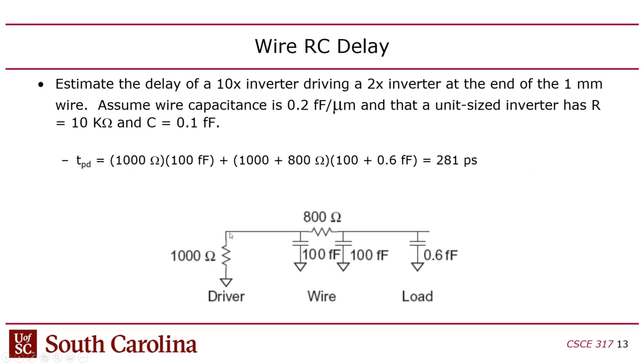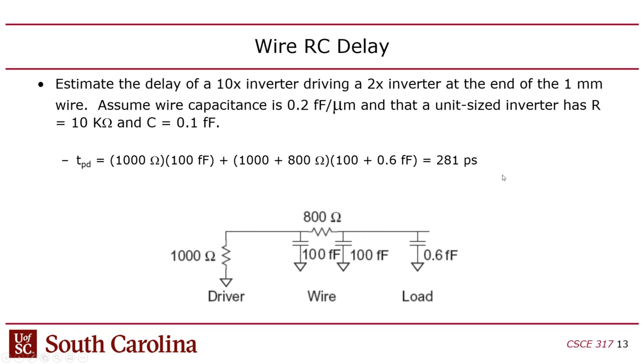And so the propagation delay in this case, now this would be the falling propagation delay because the driver is pulling down to ground. So that would be 1,000 ohms times 100 femtofarads, which would be the first segment of the Elmore delay. And then you have to add to that 1,000 plus 800 ohms to get through both of these resistors, and then multiplied by the capacitance on the other side, which would be 100 femtofarads plus 0.6 femtofarads.